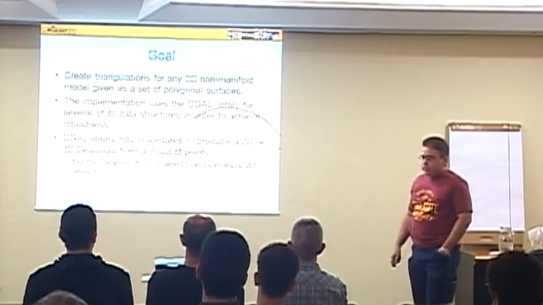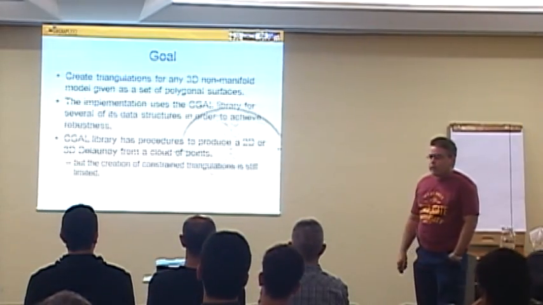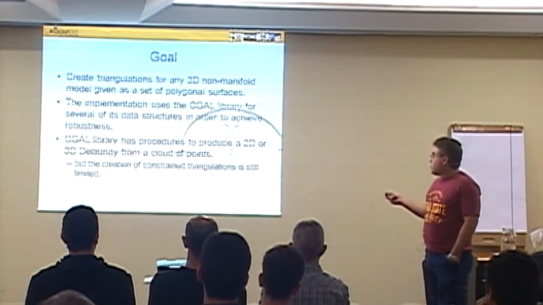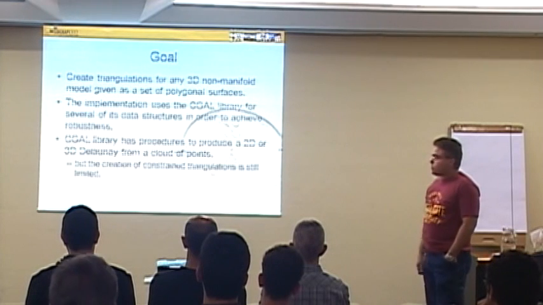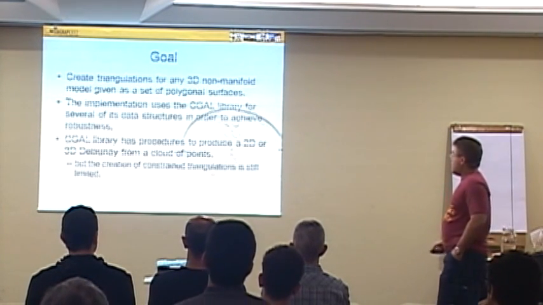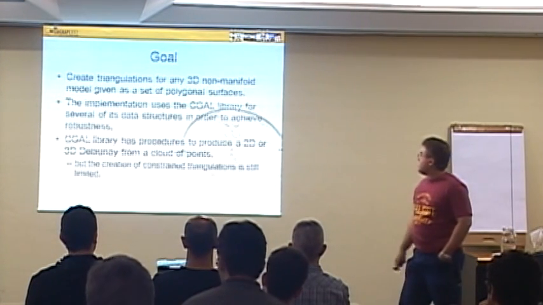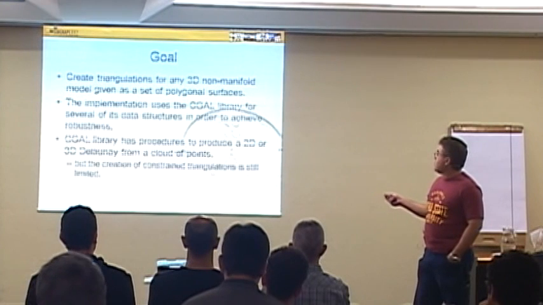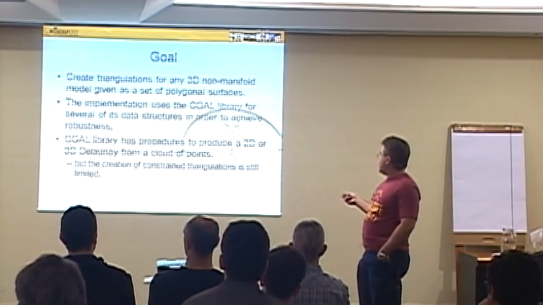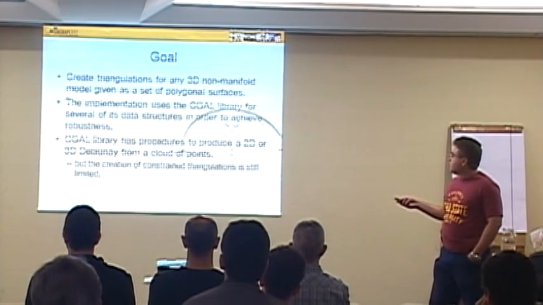We have chosen to use the CGAL library because it offers a lot of very nice data structures. And we know that the CGAL library has procedures to produce 2D or 3D triangulations. But in our case, where we want to use the input by means of polygonal surfaces, the creation of the constrained triangulation is still limited.